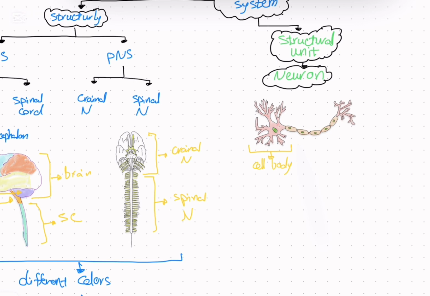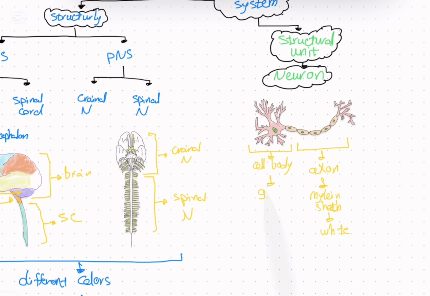It also has short branch-like projections called the dendrites that are responsible for receiving impulses from other neurons. Then we have the axon, which is the long tail-like structure that transmits the impulse to the other neurons. The axons of most neurons are covered by a sheath called the myelin sheath, and it is white in color.